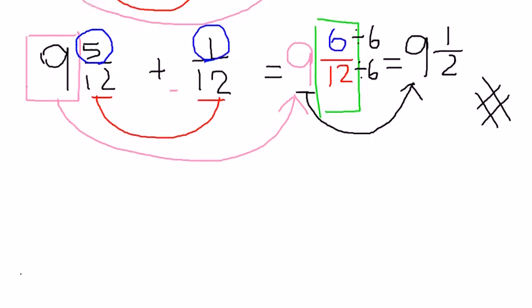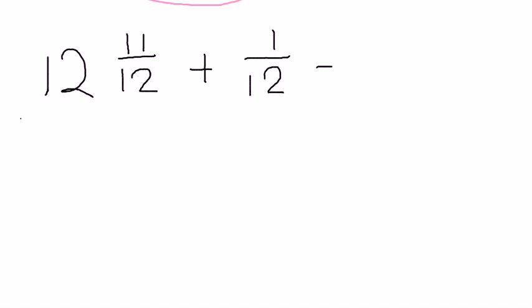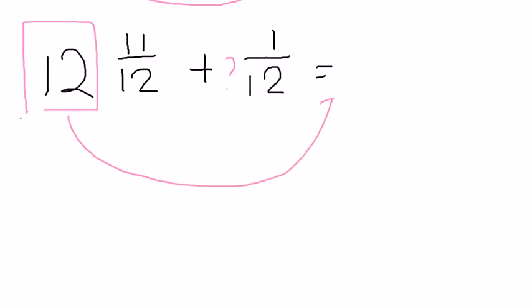Alright. Let's move on to one more example. 12 and 11/12 plus 1/12. Same thing, first things first, let's get rid of the whole number. 12 over here, nothing over here. So you bring it across. 12.